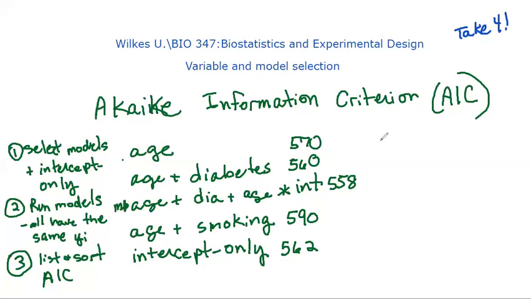Model 1 had an AIC value of 558. Model 2 at 560. Our next in line, 562, all right, M3.